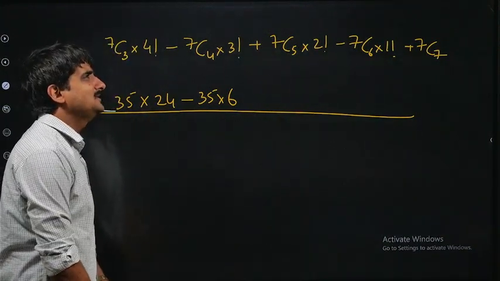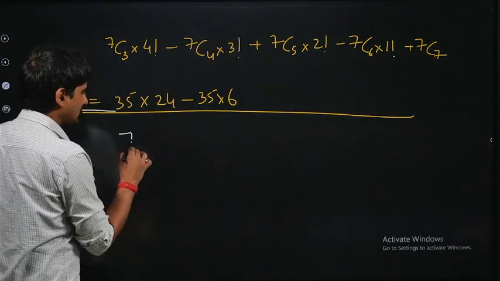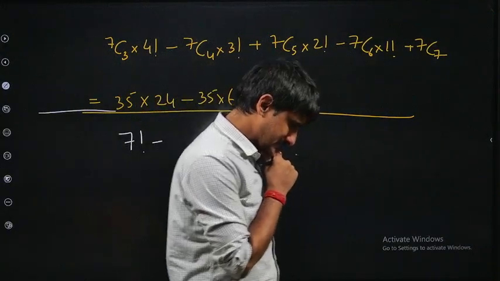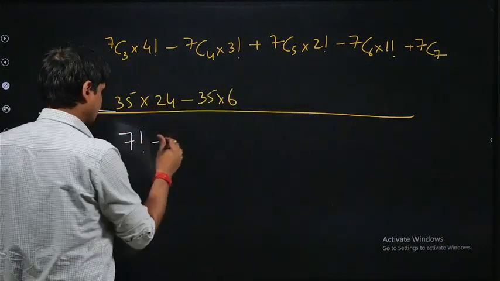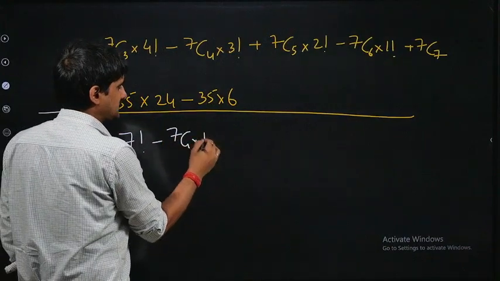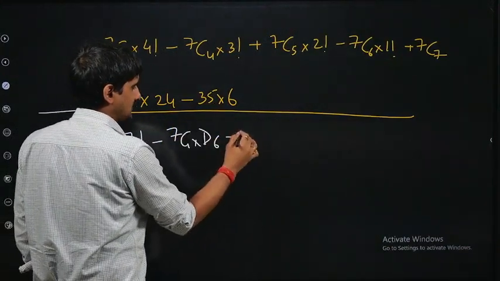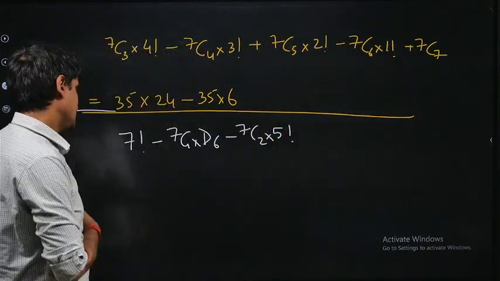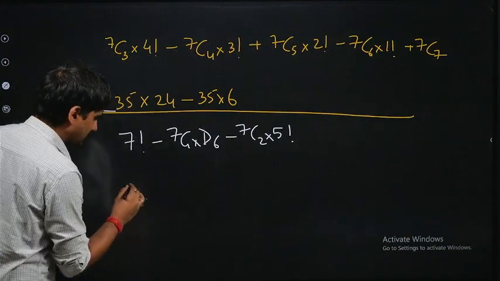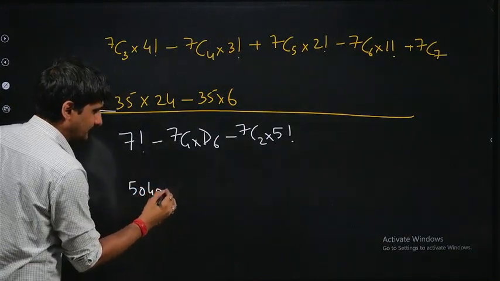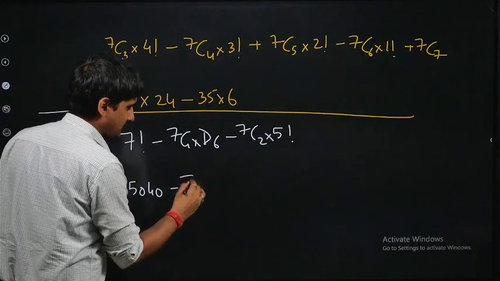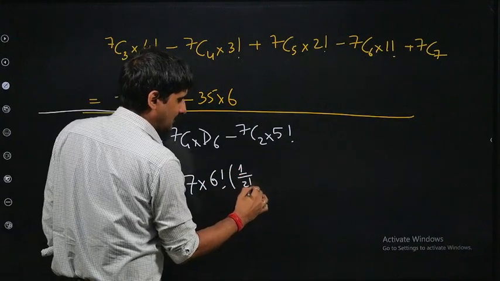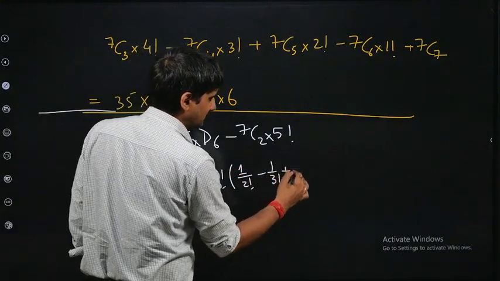Another method can be: out of the total ways, 7 factorial, we remove those cases when 1 is deranged and 2 deranged. So 7 factorial is 5040 minus 7 into 6 factorial. Try this one. Yeah, this will work.